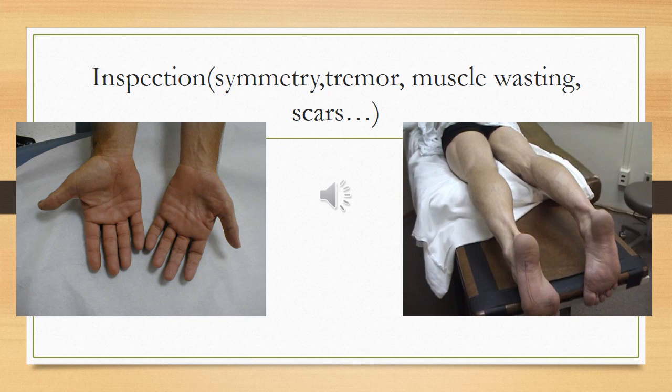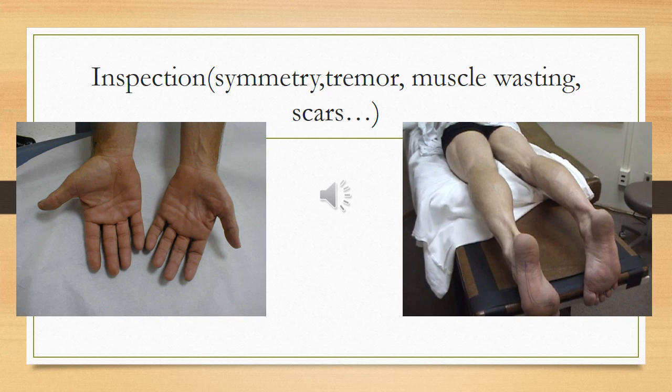Inspect the limbs for any asymmetry of the muscles, any fasciculations, which are simply abnormal involuntary contraction of muscle fibers, and any atrophy of muscle groups. For example, if you look at both hands, on the left side you can see that the patient has left thenar and hypothenar muscle atrophies.